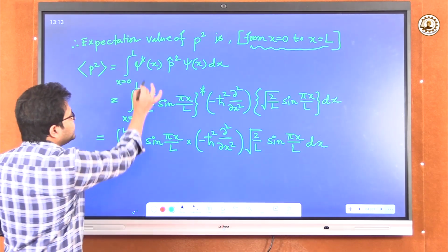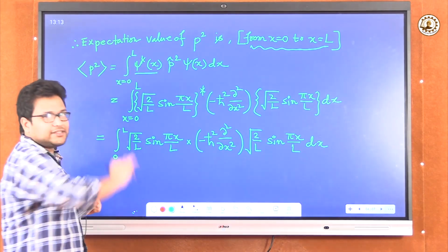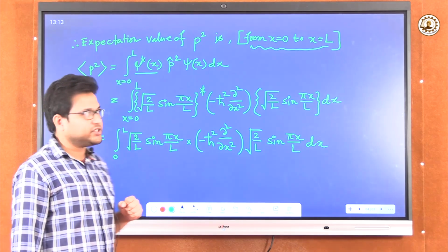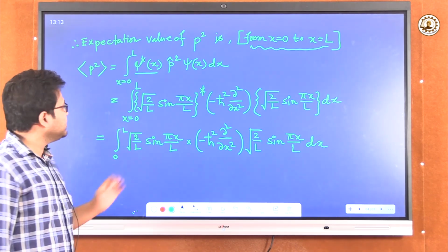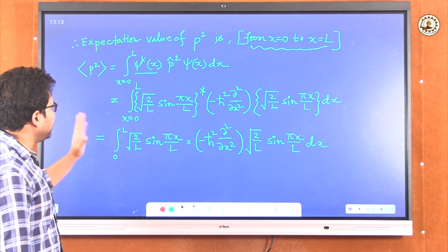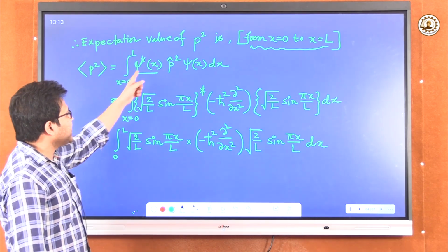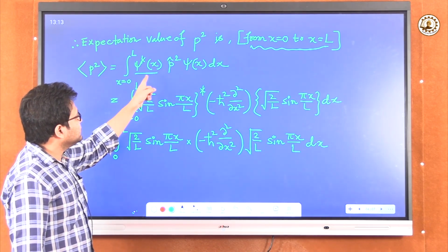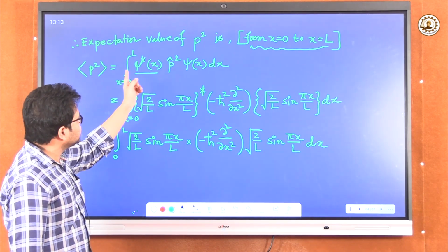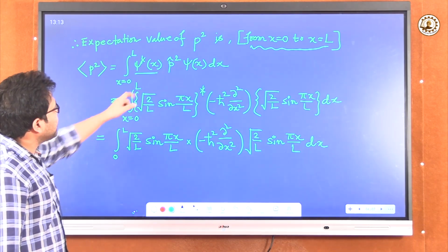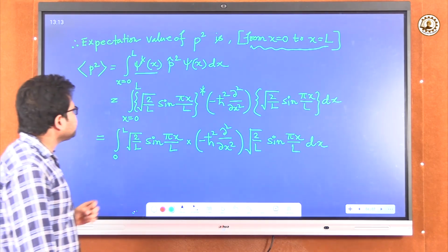Now what is chi star x? Chi star x is the complex conjugate of the given wave function. It is the general definition of the average value of any dynamical variable. So I have written chi star x, p cap squared, chi x dx.